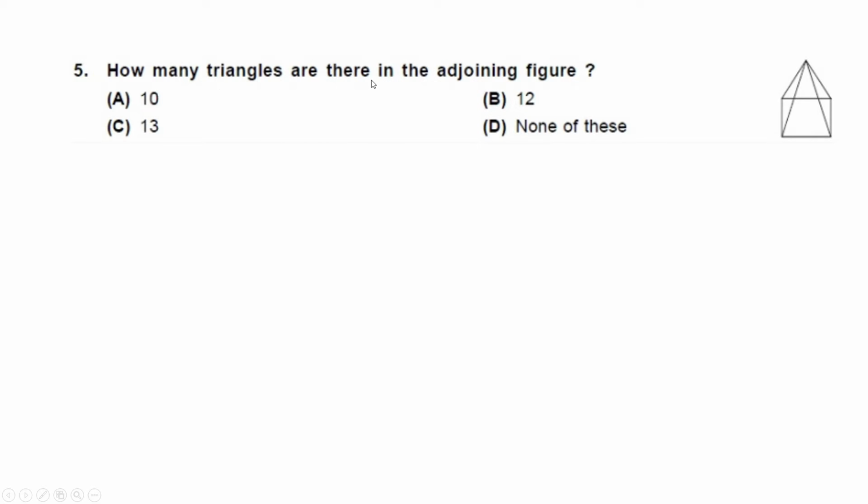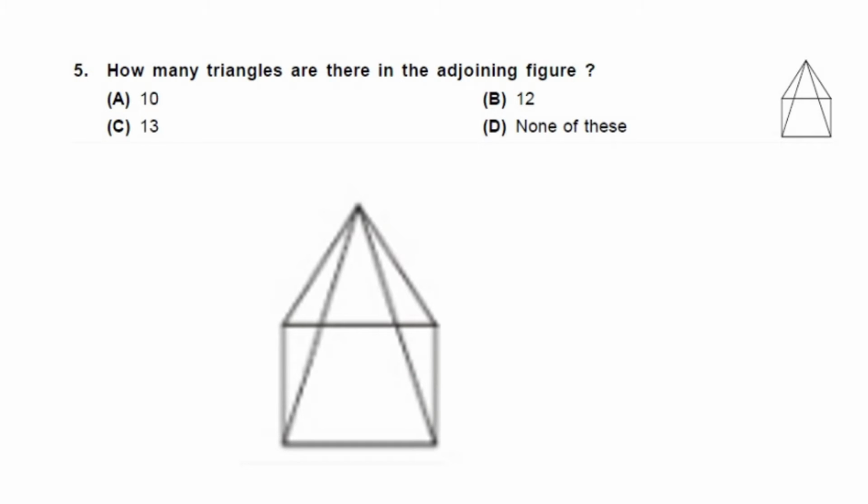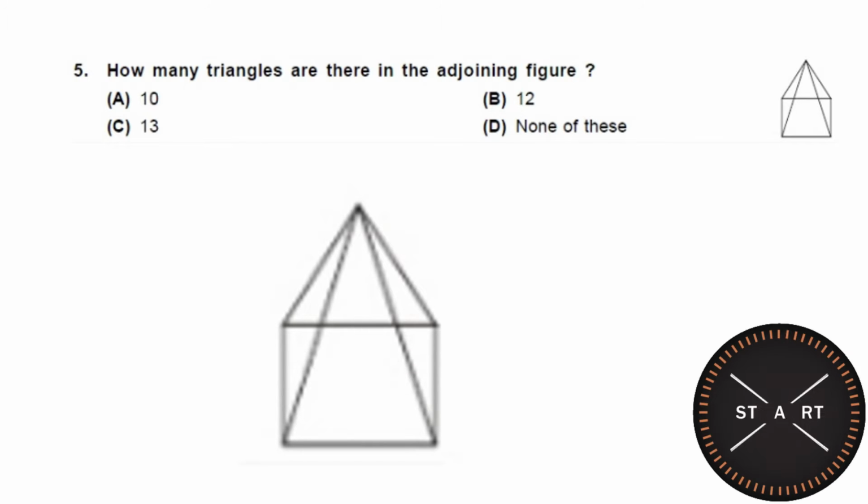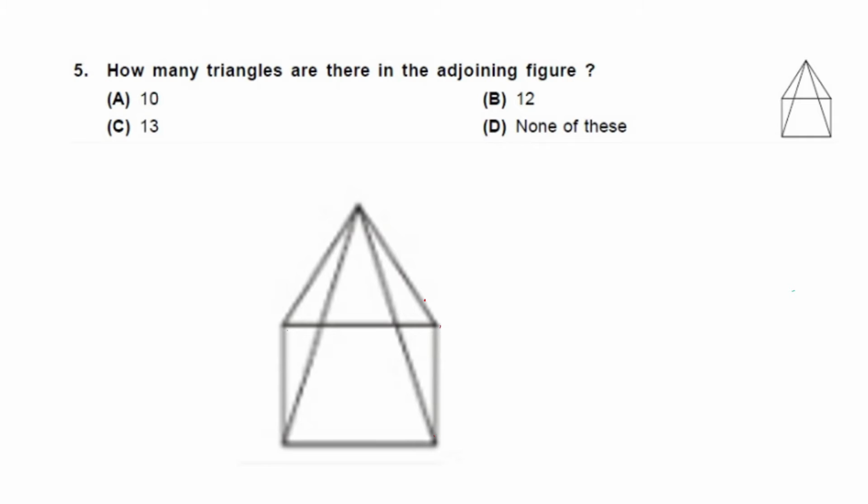How many triangles are there in the adjoining figure? Let me make it bigger for you so that you can solve it easily. So let's find the triangles that are formed along this base, which is a squarish kind of a base.